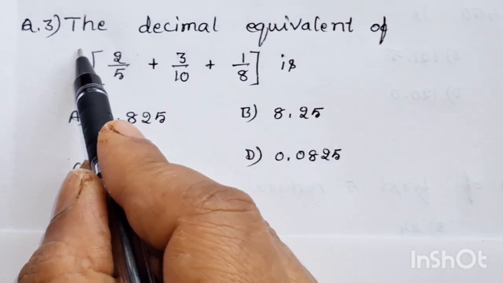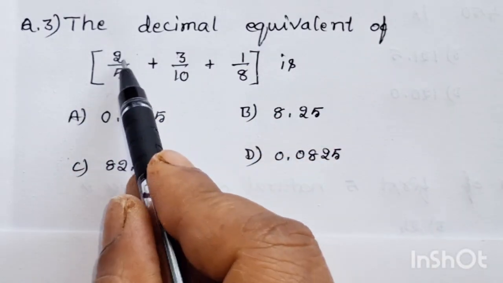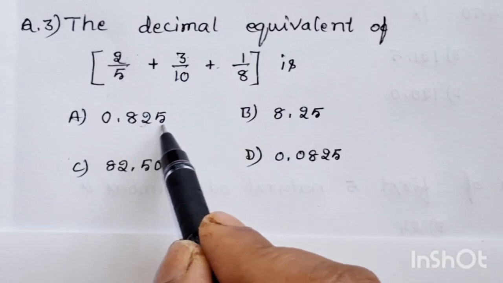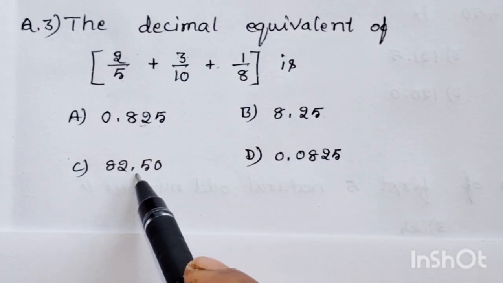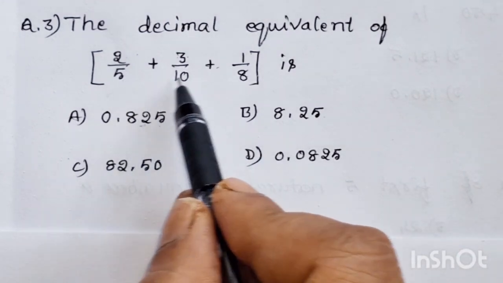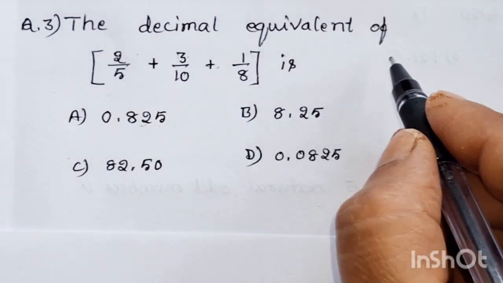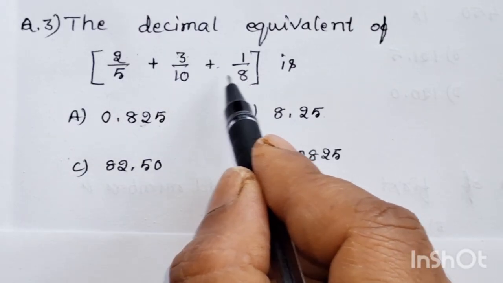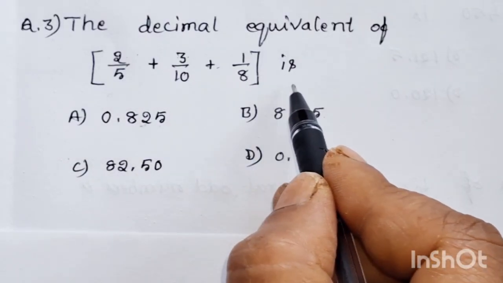Third question. The decimal equivalent of 2 by 5 added to 3 by 10 added to 1 by 8 is, options: 0.825, 8.25, 82.50, 0.0825. In this type of problem, we can take the LCM and simplify, but it becomes a long process.